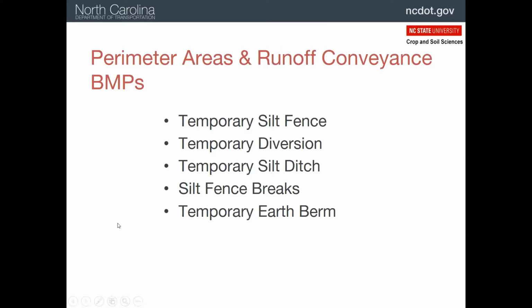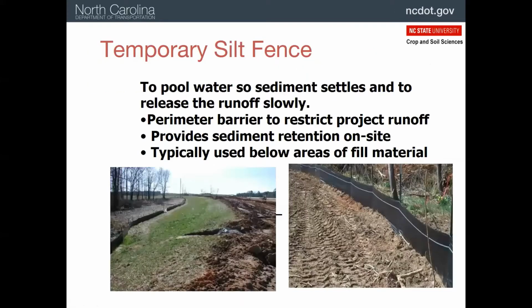Okay, so we're kind of moving into the project now. We're underway doing massive grading, and we're looking at different types of systems to get water where we want it, basically. So in this case, we're going to slow the water down with a silt fence. So we've got small areas that drain to these silt fences, and we shouldn't see a lot of area.